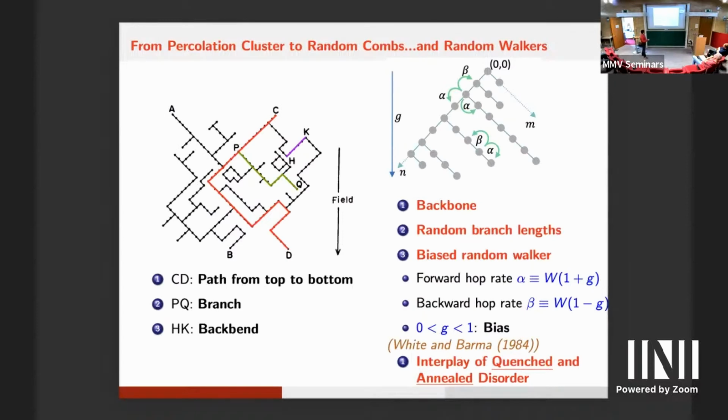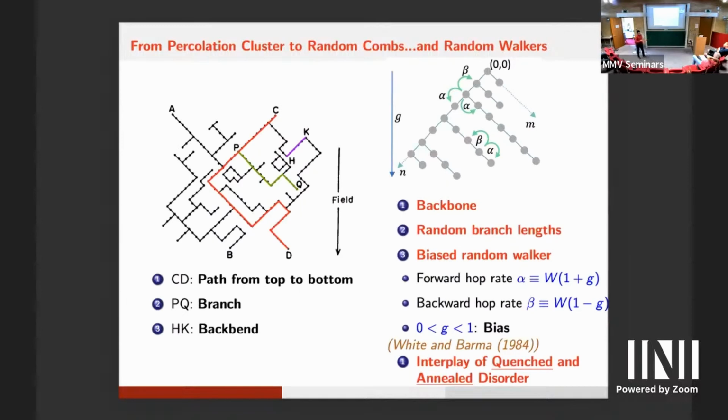One may choose these rates in the following manner, where G is the bias that lies between 0 and 1. As you can see, alpha is larger than beta, which models the situation that there is a drift in the downward direction, and so the particles would preferentially move in the downward direction than in the backward direction, like forward and backward direction.